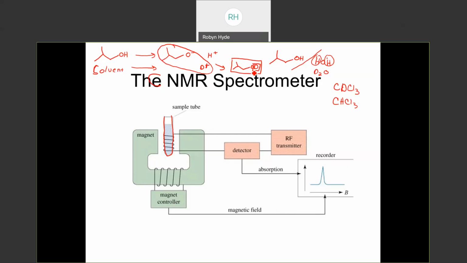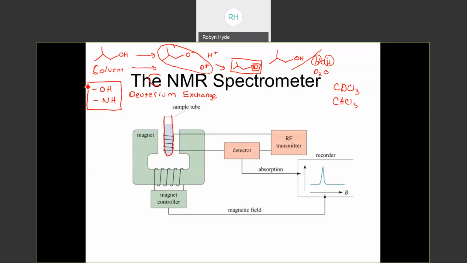So we have an issue with analyzing for hydroxyl functional groups and amine functional groups because of this chemistry that will happen within the NMR tube. This chemistry is known as deuterium exchange. And so it will mask the presence of alcohols and amines.